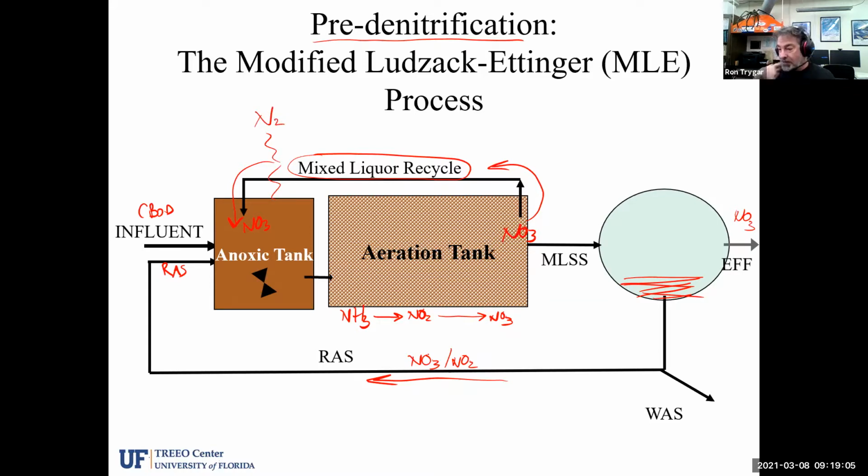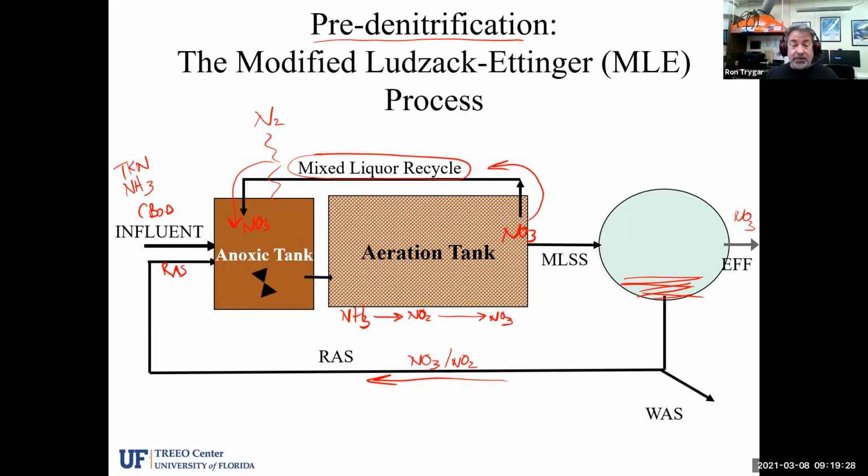So what happens to the ammonia that made it through, or that's coming into the treatment plant? What happens to the NH3, or we'll call it TKN, as it comes into the plant? Well, the anoxic tank is not aerated, so essentially nothing really happens with respect to the numbers.